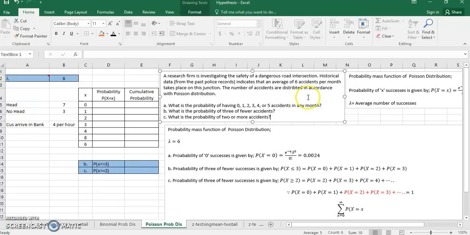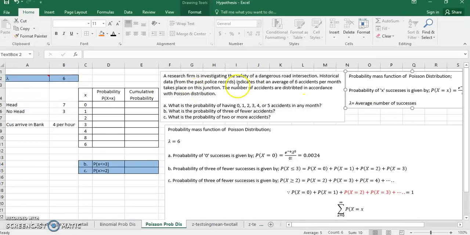Though it's a bad example to quote, capital X is a random variable representing the number of accidents, or number of successes you can call it. I don't want to call an accident a success, but that's how this example is written. So capital X is the number of accidents that take place at this particular junction.